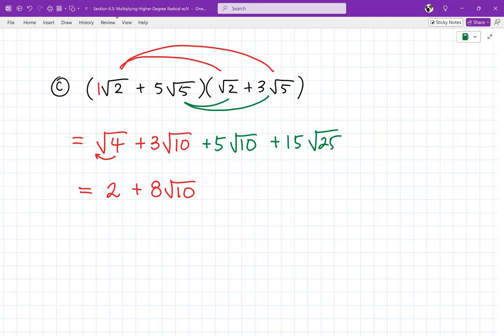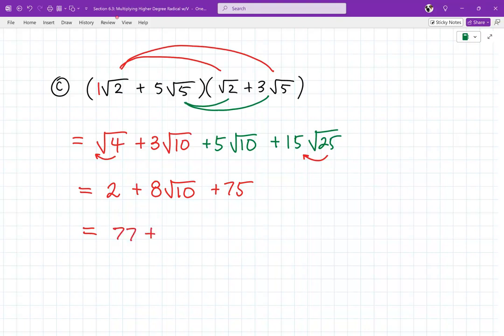And then I have a square root of 25. What is that? 5, right? And 5 times 15, well, I know 4 times 15 is 60, so 15 more is 75. So it's going to be 75, because the 5 comes out, 5 times 15, 75. Now, add 2 plus 75, that's 77.